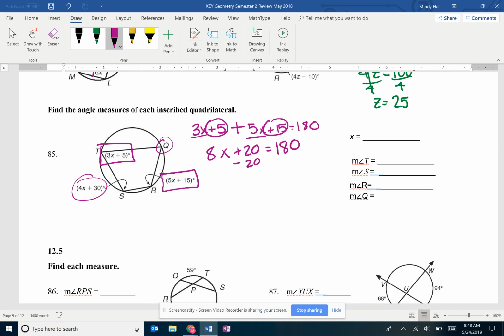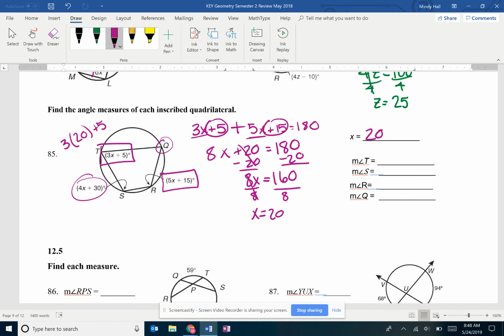So then we would subtract 20. And we would have 8x equals 160. And when we divide by 8, we get 160 divided by 8 is 20. So then, now that we know that x is 20, we can just go in and plug this in everywhere. So starting with T, that would be 3 times 20 plus 5.